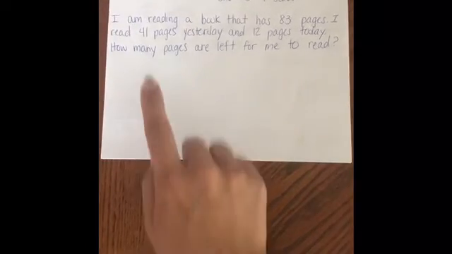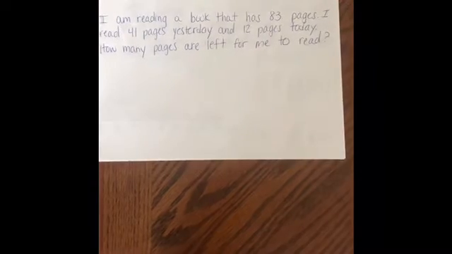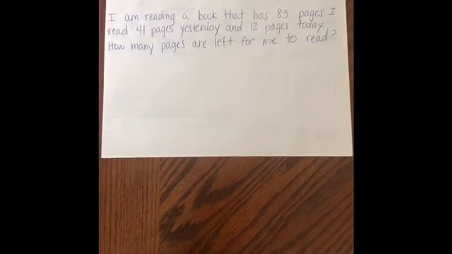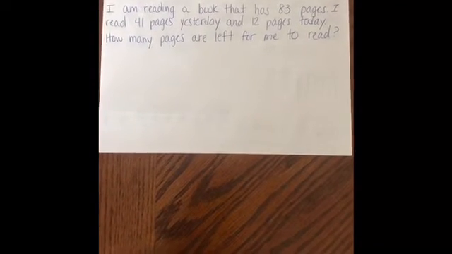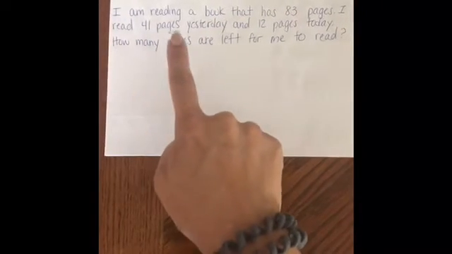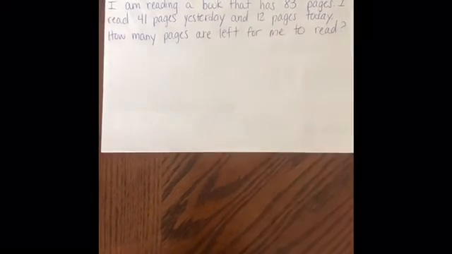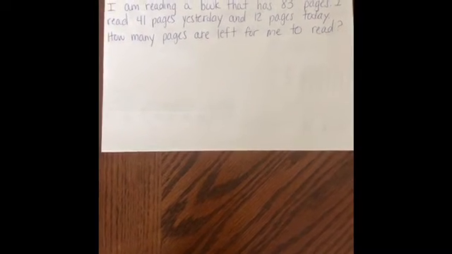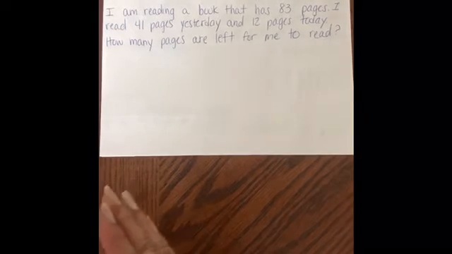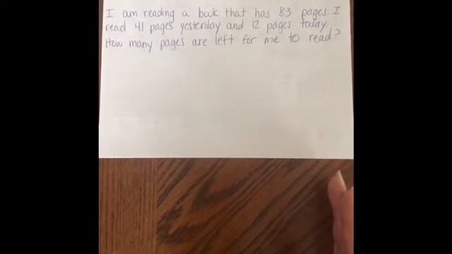So let's think. I'm reading a book that has 83 pages. Okay, so that means in my whole book, there's 83 pages. No more, no less. I read 41 pages yesterday and 12 pages today. So there's 83 pages in the book, and I read 41 pages, and I read 12 pages.